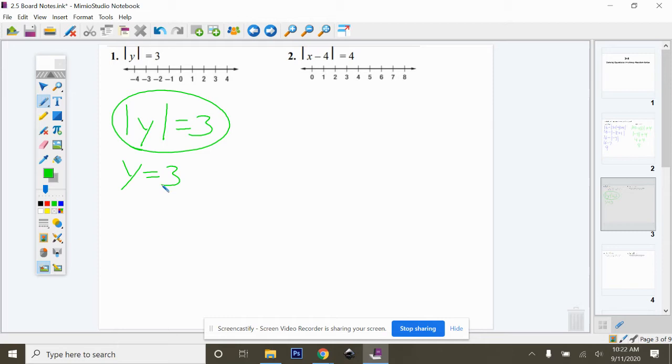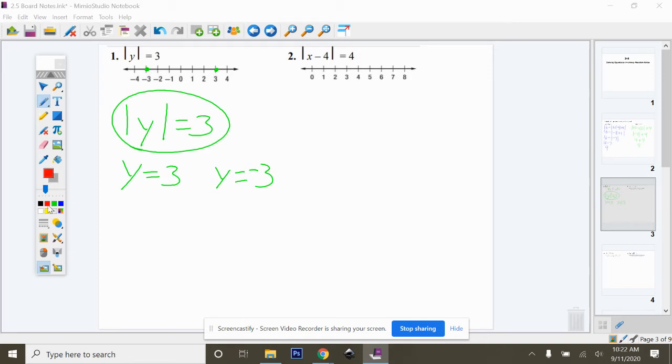The other one, I write it without the absolute value, but I change the sign on the number opposite from the absolute value. So now my 3 is -3. Since there's no solving to be done here, these are my answers, and I need to graph them. So I would put a dot at 3, and I would put a dot at -3, and it's graphed. So I have both answers, and I have graphed it.